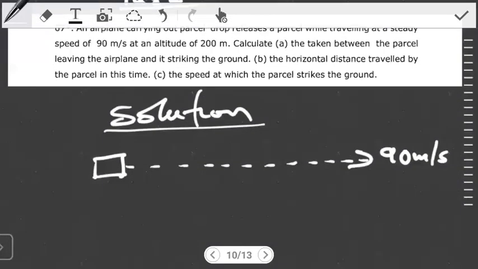Now, what you should keep in mind is that while the parcel was inside the plane, it was moving with the same velocity as the plane.